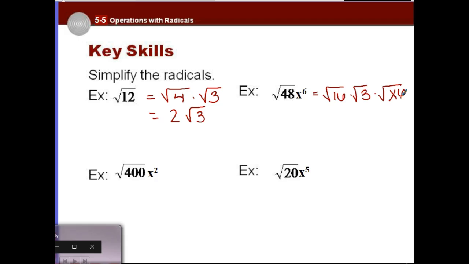The square root of 16 is 4. The square root of x to the 6th, remember, our rule is take the exponent, divide it by 2. 6 divided by 2 is 3. Can't do anything with root 3. However, what happened here? Even became odd, so absolute values.